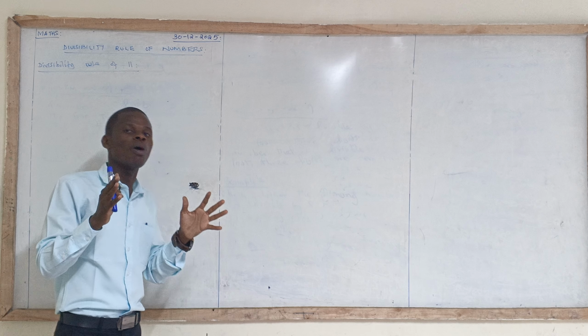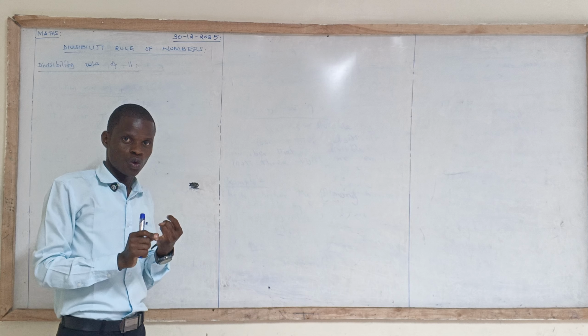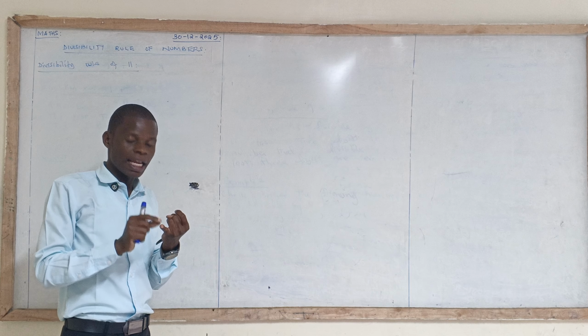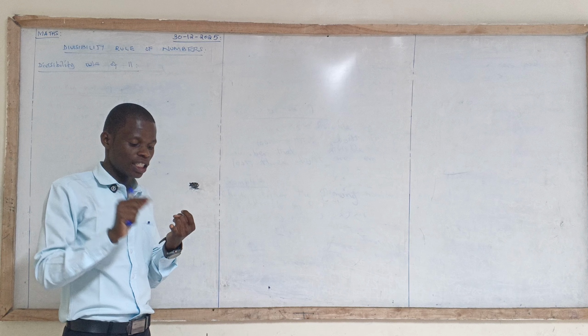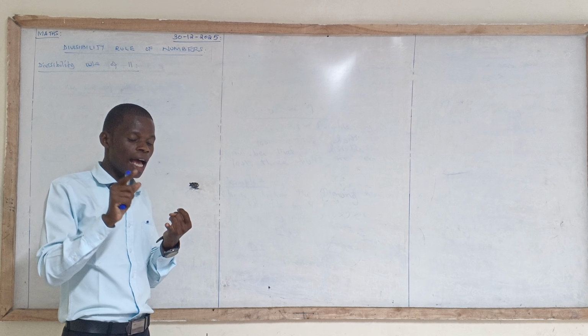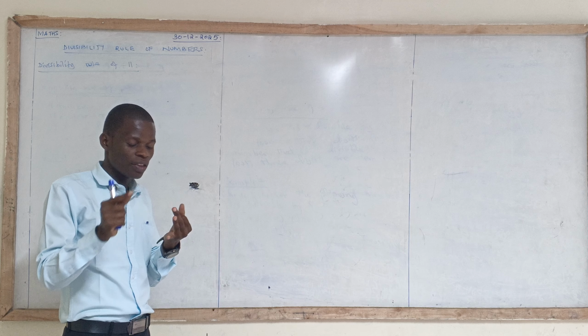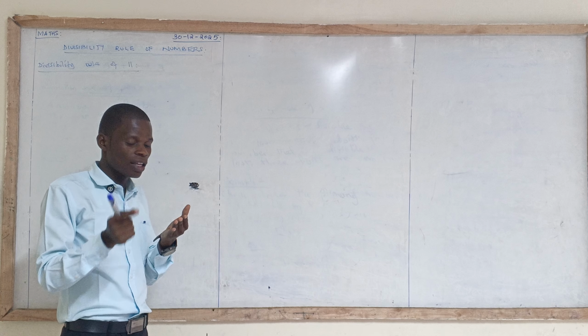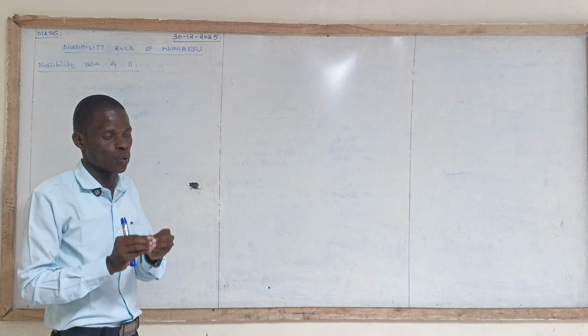Let us make a recap of whatever we have learned. We have learned the divisibility test of 2. And what have we said? We have said that a number is divisible by 2 if the last digit is 0, 2, 4, 6, or 8.